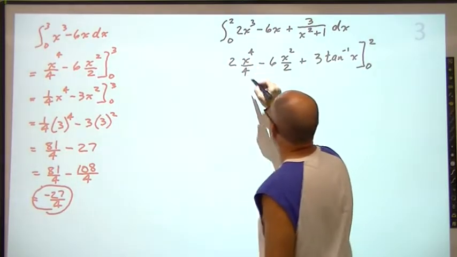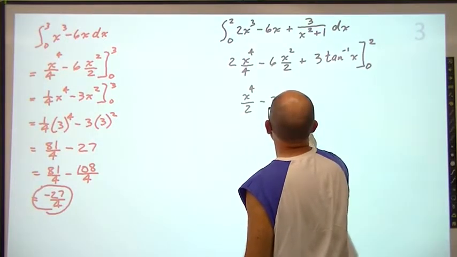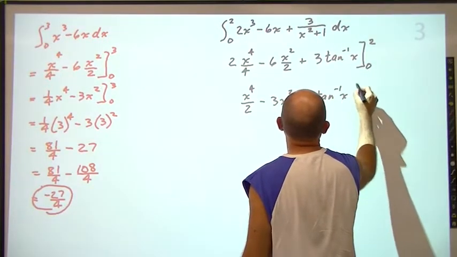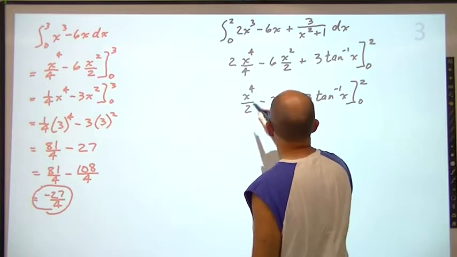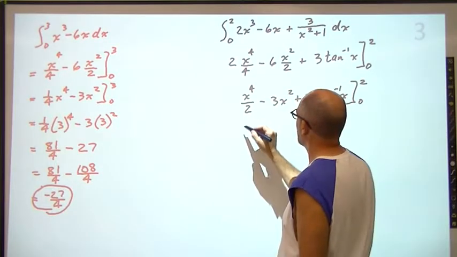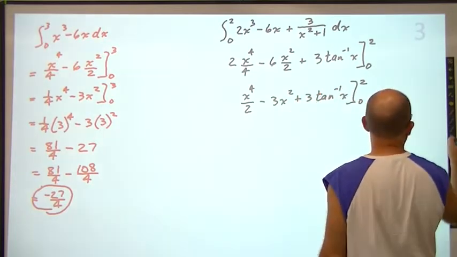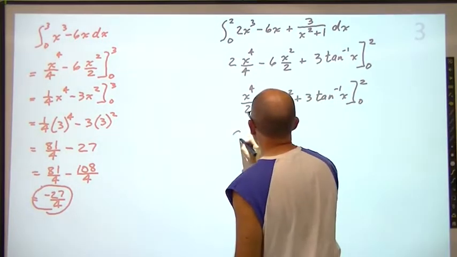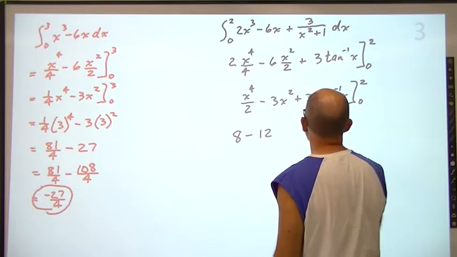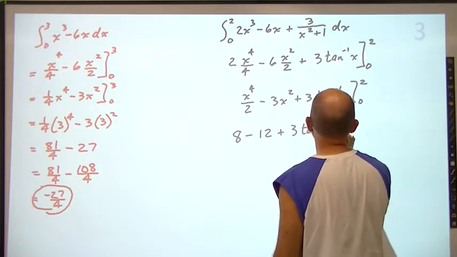Okay, so what do we have here? This is x to the fourth over 2 minus 3x squared plus 3 inverse tangent x from 0 to 2. So, put in our 2 first. So we've got 2 to the fourth, which is 16 over 2, which is 8, minus 3 times 2 squared, which is 3 times 4, which is 12, plus 3 inverse tangent of 2.